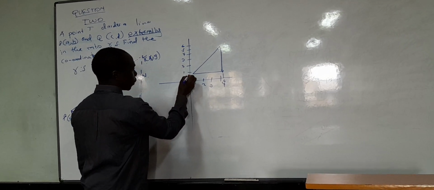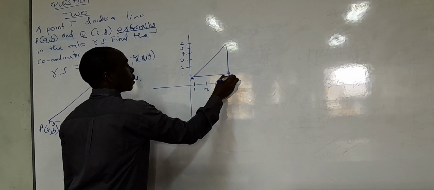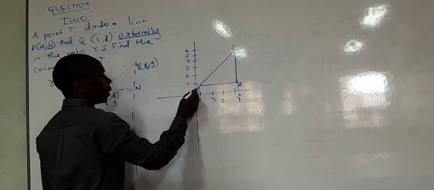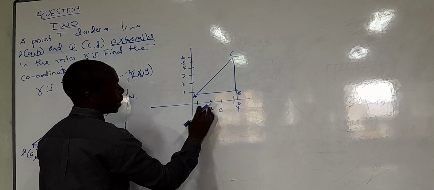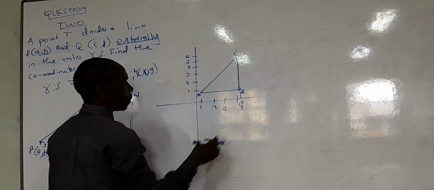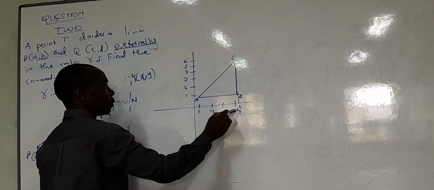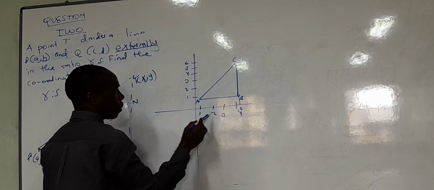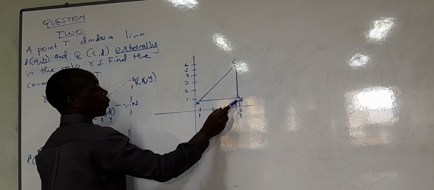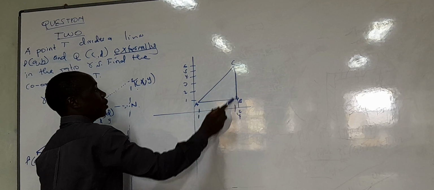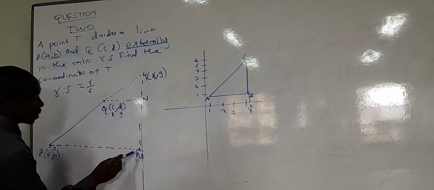If here is point A, and then point B, and then point C, and you want to know the length AB, assuming this is the length we've been given as 1, 2, 3, 4, you'll take 4, the coordinate of point B, minus the coordinate of A. And the coordinate of point B is the same as the coordinate of point C because they are on a straight line. That's what's happening here.